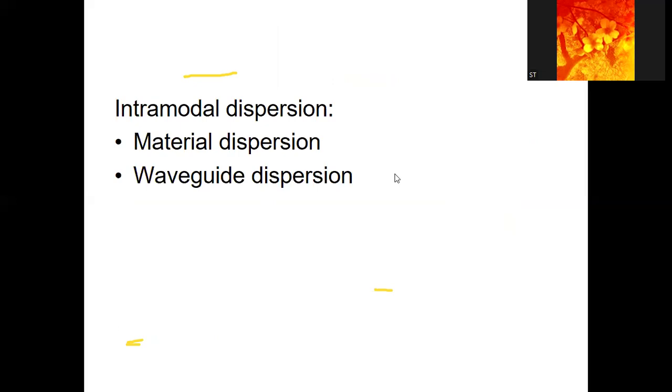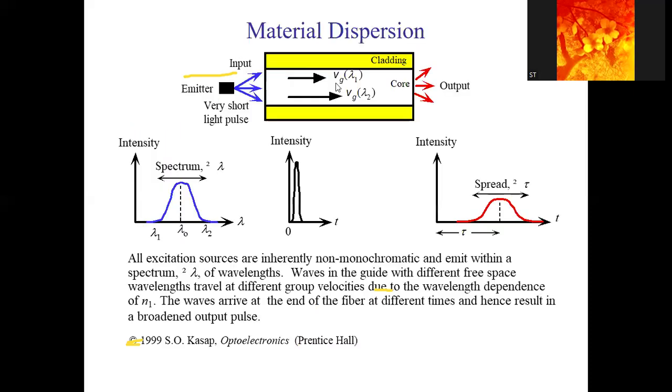Now next, what is material dispersion? Here you can see the optical fiber, and this is the emitter. The emitter is emitting input signals, and this is the output. This is the cladding and core.